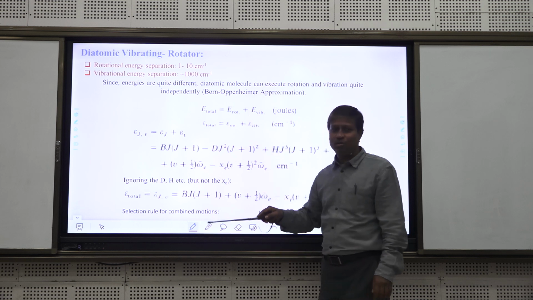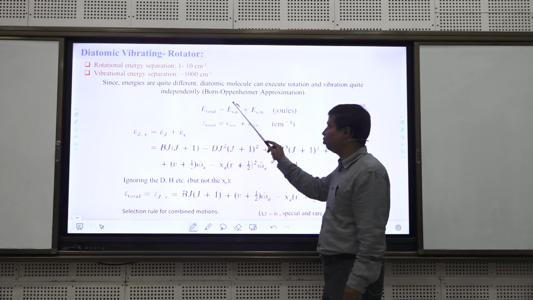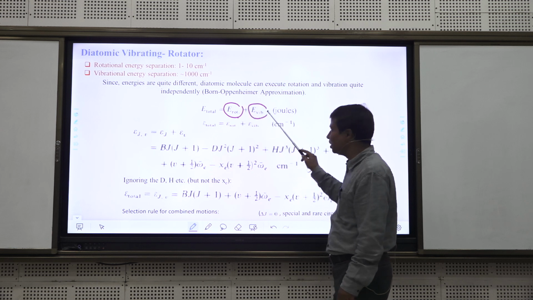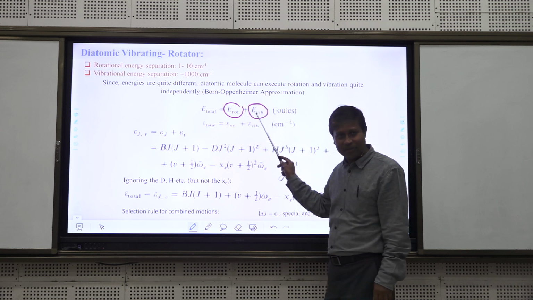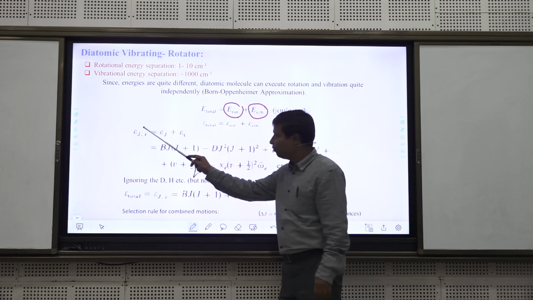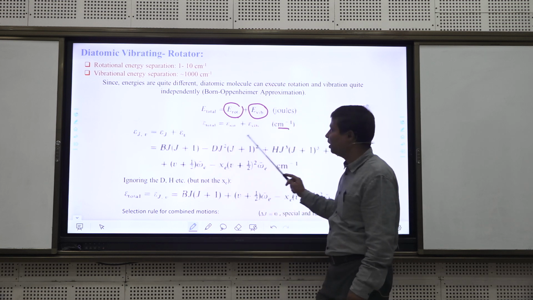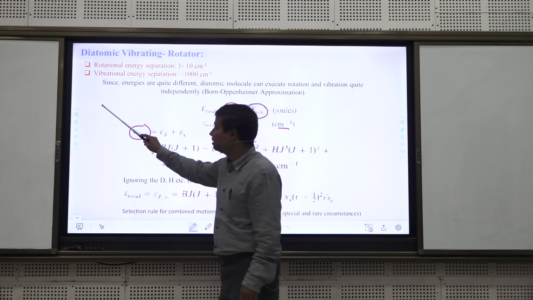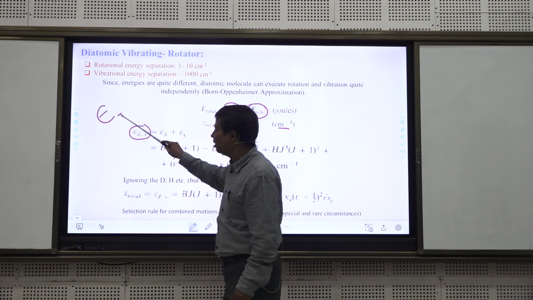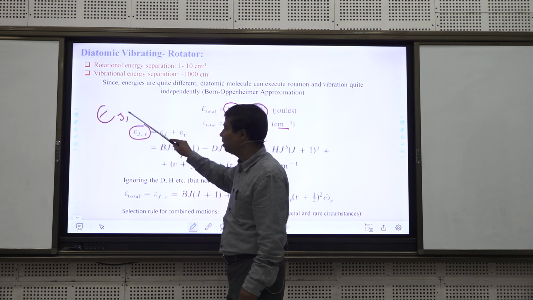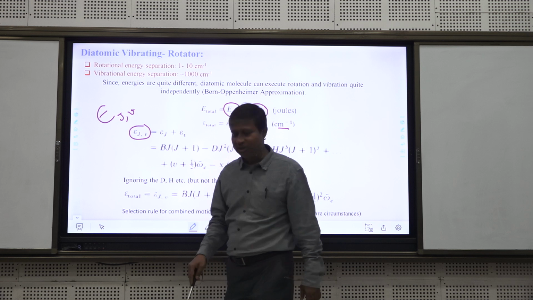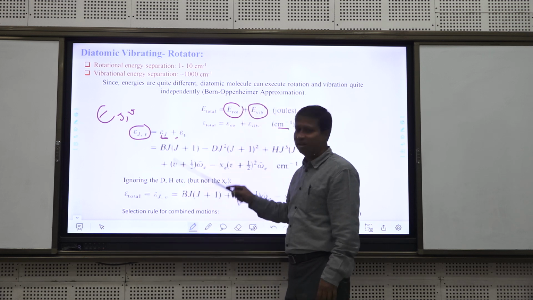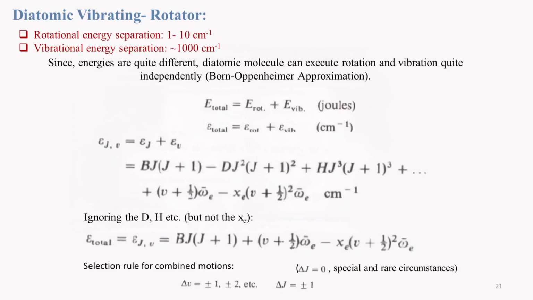We did not teach you rotational spectroscopy, but you know the expression for the rotational energy level, and now we have seen the expression for the vibrational energy level. In wave numbers, E J V, with epsilon, J for rotational and V for vibrational, is E J plus E V without any interaction term.